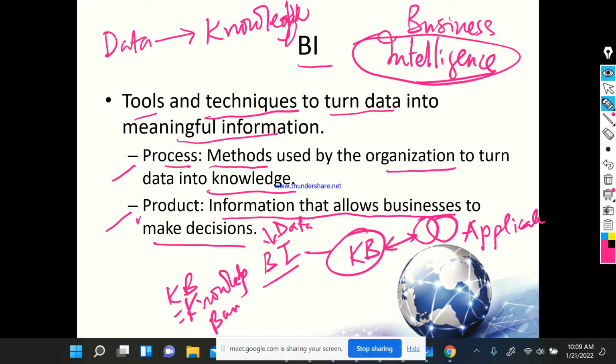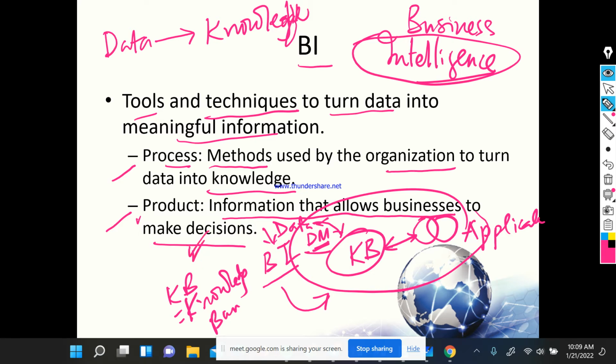Mane, you understand now. That means business intelligence has data mining inside, because you need to create this. You see, when I show you the data to knowledge base, you are having DM here. And the whole thing, we call it BI, because business intelligence is using this knowledge base to make a decision.